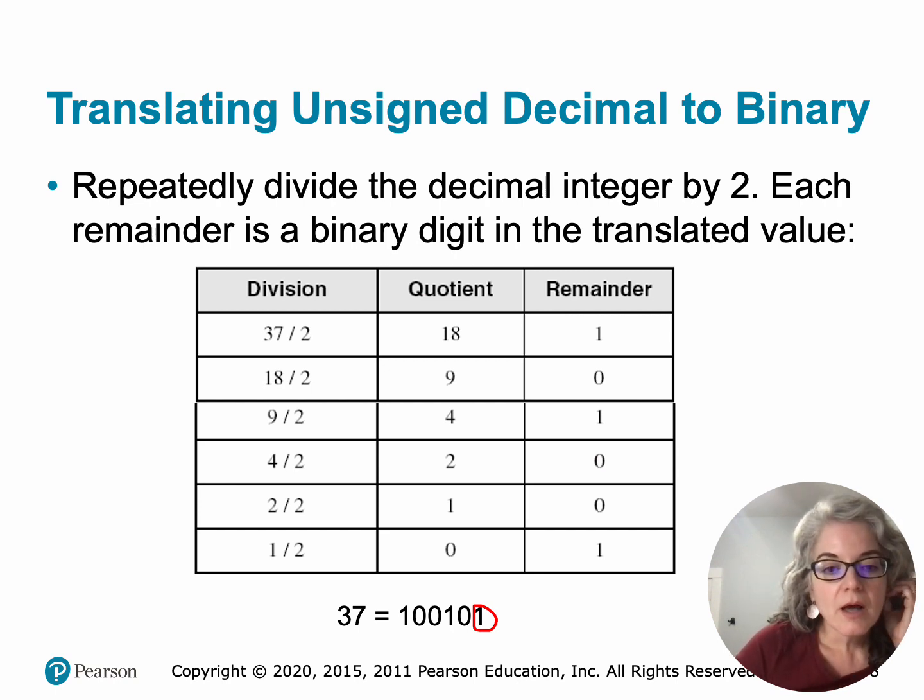And so the binary number for the decimal number 37 is 100101. You have 1, 2, 3, 4, 5, 6 digits. So to make it a byte, you would just add 2 zeros, 7, 8, 2 zeros right there.